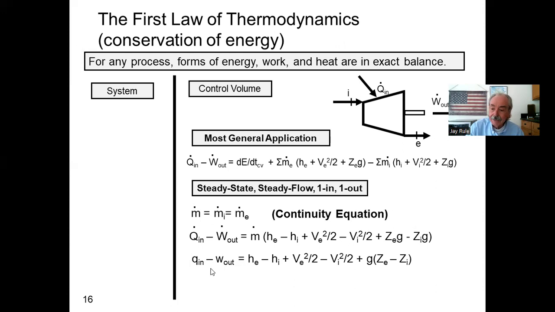Now, in our cycle analysis, what we did was we divided this whole equation by m dot to get little q in minus little w out simply equals all these terms. And so if you're preparing a formula sheet, remember, you don't need to write both of these down. You should write this one down for steady state, steady flow, one in, one out. You write those words down and go from there.